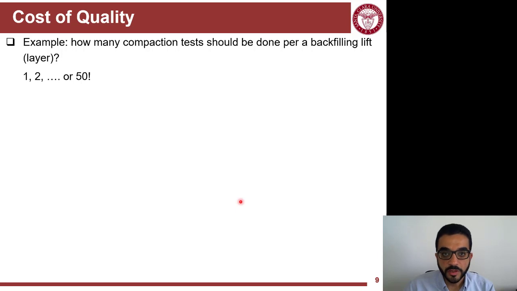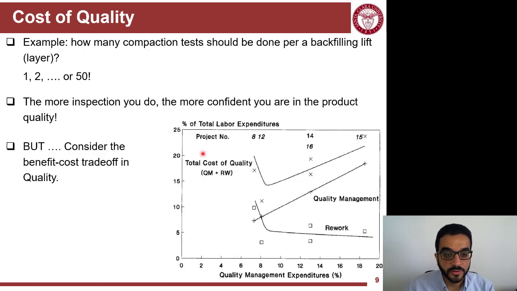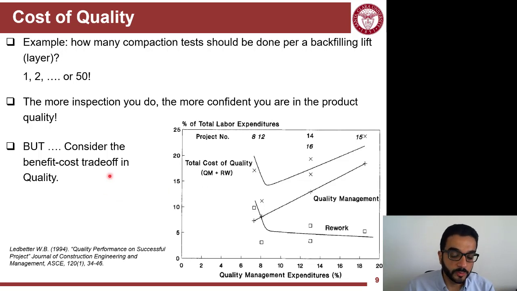One last thing I want to highlight is the cost of quality. People always say do more tests and you will be more confident, but you have to be careful here because more tests means more costs, of course. Do we need more tests? Like, do we need 1, 2, or 50 tests to affirm that the compaction is up to requirements?